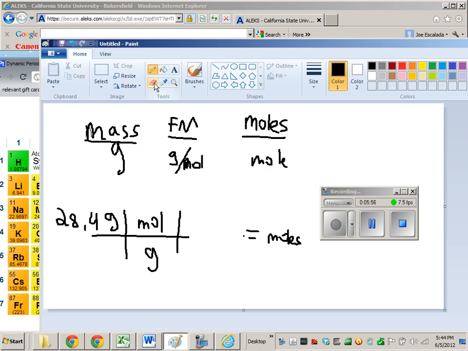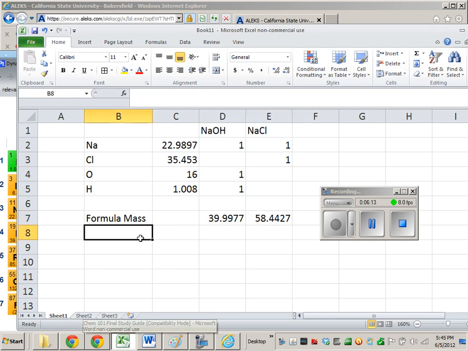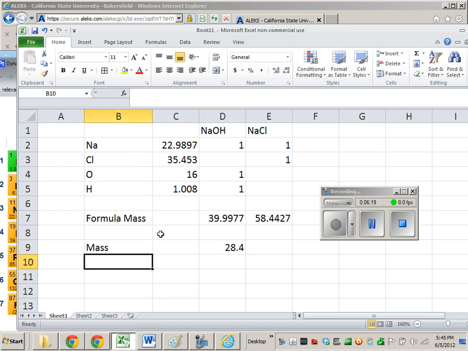So the formula mass is 40 grams per mole. We're going to divide by that because we want grams on the bottom and moles on top. And what we'll get, using Excel to calculate it, is the mass 28.4 divided by 40, in moles.